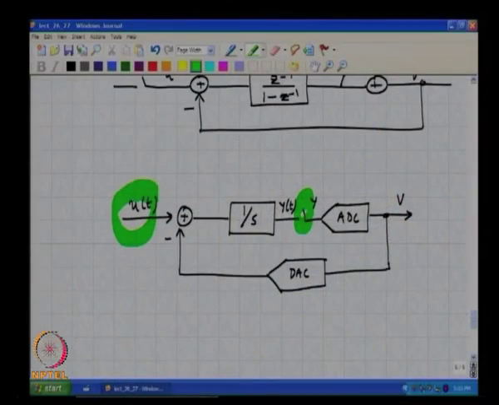So, we would be curious to figure out what happens if the input was say a tone at frequency Fs, which in a discrete time delta sigma modulator would result in, if you did not put an anti-alias filter, a tone at Fs aliasing to DC and showing up in the signal band, right.